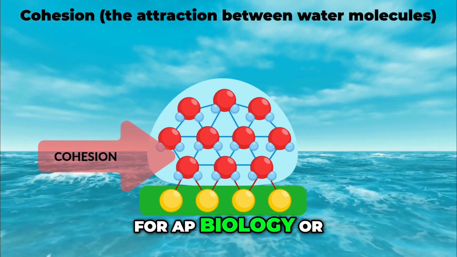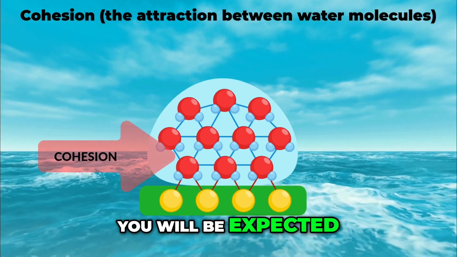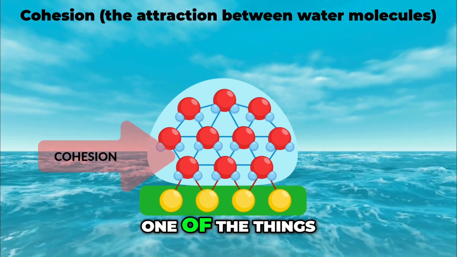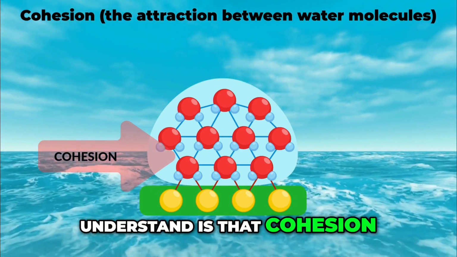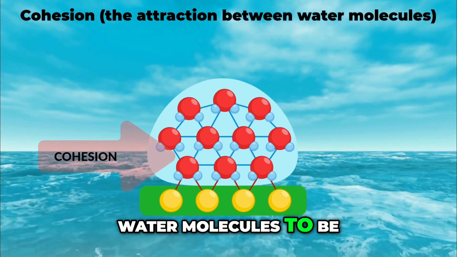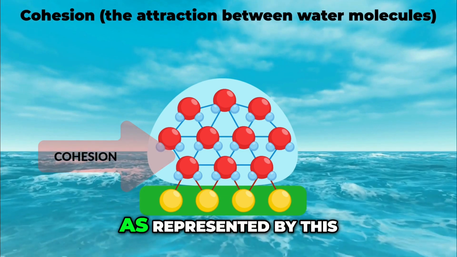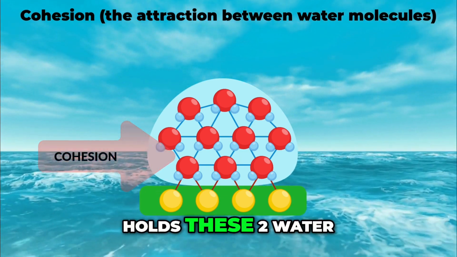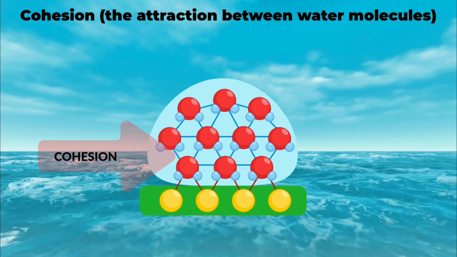For AP biology or college biology, you will be expected to know the differences between cohesion and adhesion. One of the things that you need to understand is that cohesion is the ability for water molecules to be attracted to one another, as represented by this tiny blue line that holds these two water molecules together.